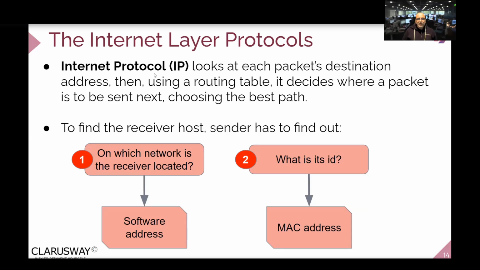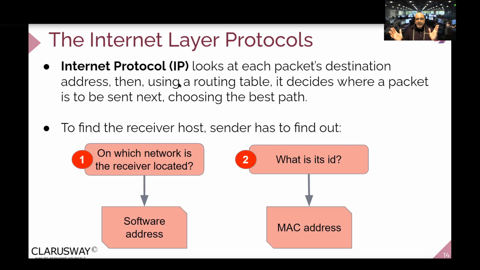What I was saying is we talked about the Internet Protocol as one of the protocols at the internet layer, and it's responsible for sending information from one IP on one network to another IP on a different network.